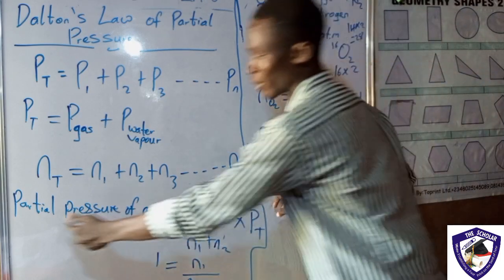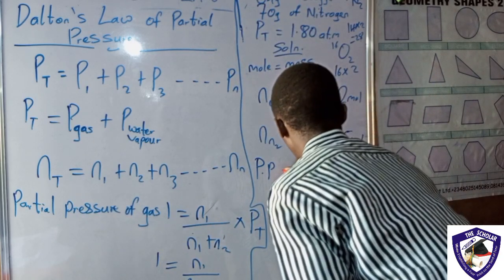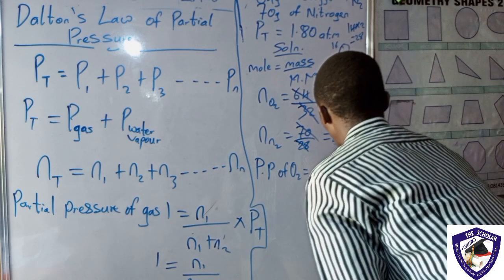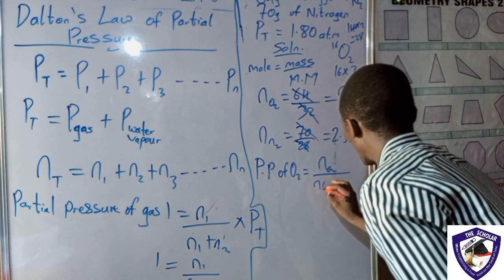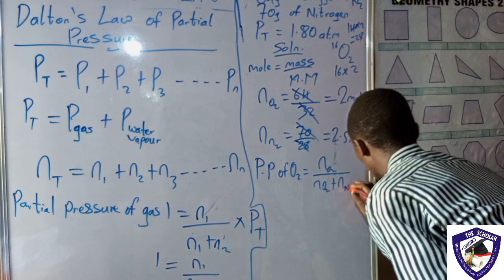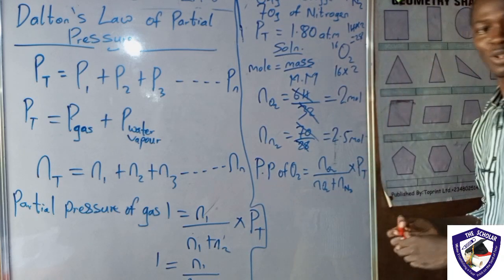PP is partial pressure. Partial pressure of O2 is equal to, from the formula here, number of moles of oxygen over number of moles of oxygen plus number of moles of nitrogen times PT, the total pressure.